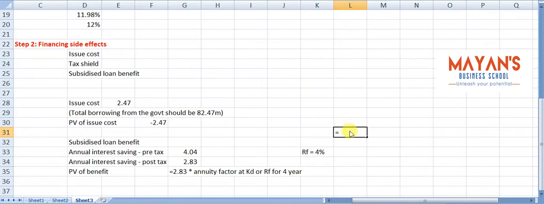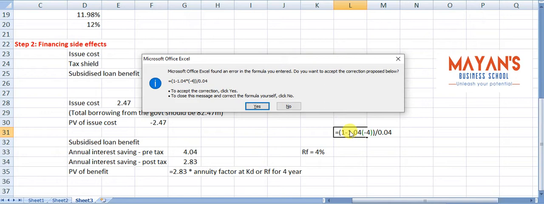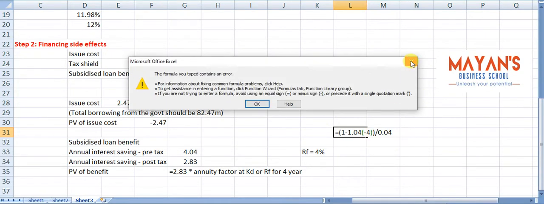Let me use the formula. You can read from the table actually. 1 minus 1.04 raised to the power minus 4, divided by 0.04. I missed something. What did I miss? Power. The power sign has been missed, guys.